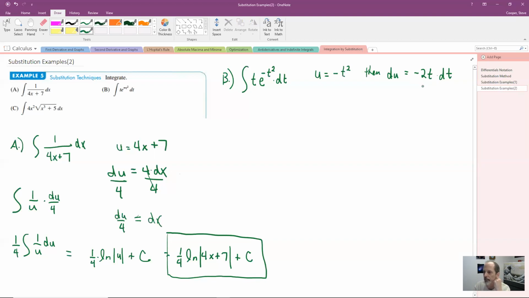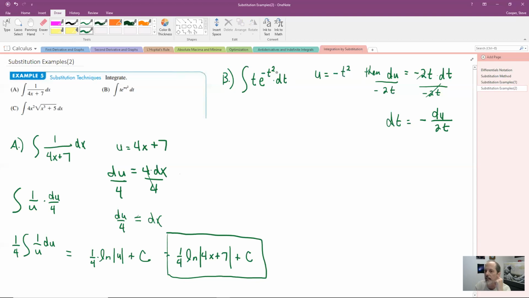So if you identify it directly, that's fine. If you want to solve for dt first so it's more obvious to you, then all we would have to do is divide both sides by negative 2t. And we would get dt equals negative du over 2t.